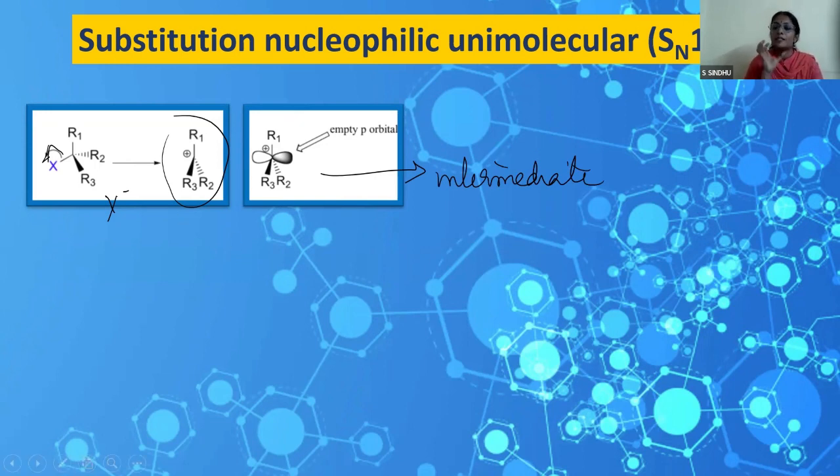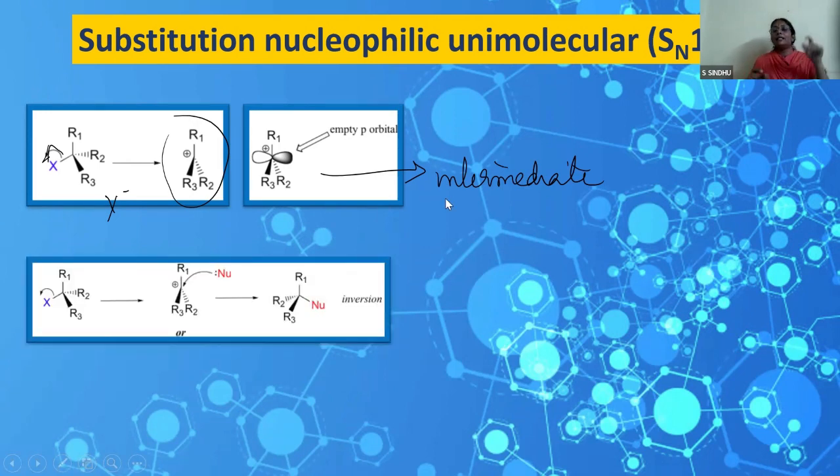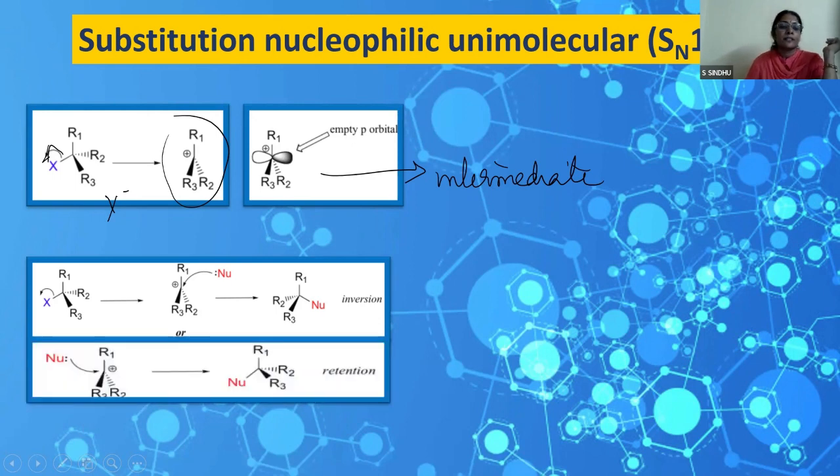That's very important because the rate, or which mechanism is followed and which is faster, all depends on this. So the intermediate carbocation is formed here, and it is a planar molecule. Now the second step is where you have the nucleophile attacking. When the nucleophile attacks, what is the possibility?